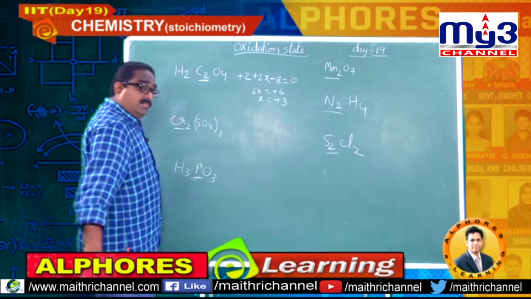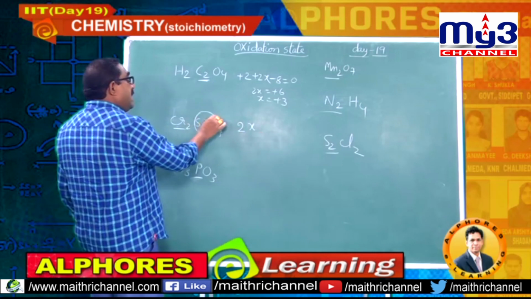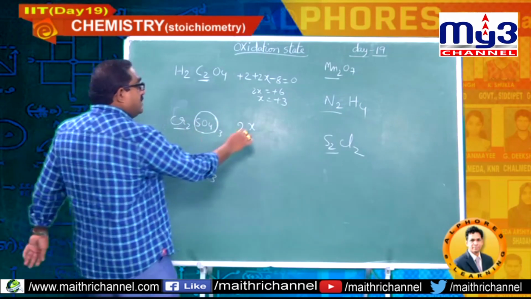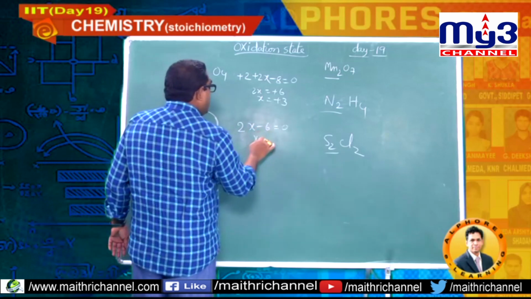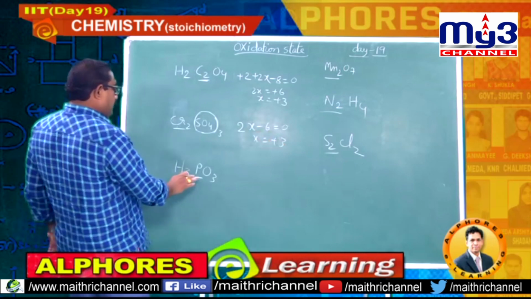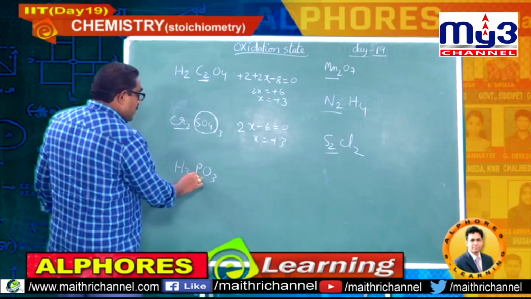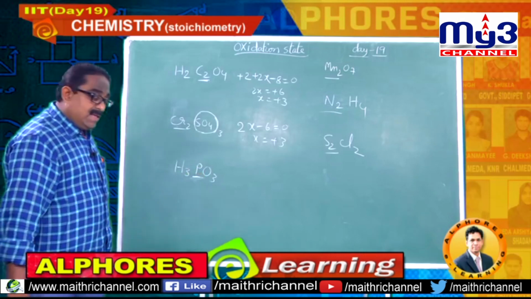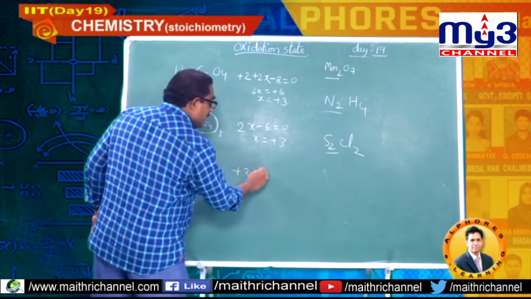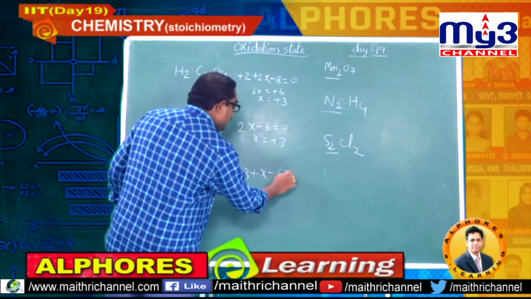Here chromium, 2x. Just now I have explained that the sulfate ion entirely can easily be taken as -2. So -6 equals to 0, x equal to +3. Here this is phosphorus acid. For phosphorus I am doing the calculation, students, you concentrate. +3 for 3 hydrogens, plus phosphorus x, for 3 oxygens -6 equals to 0.